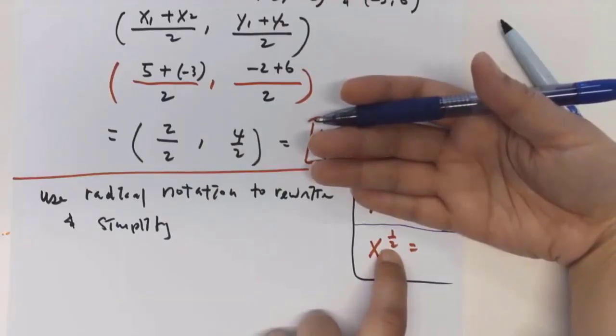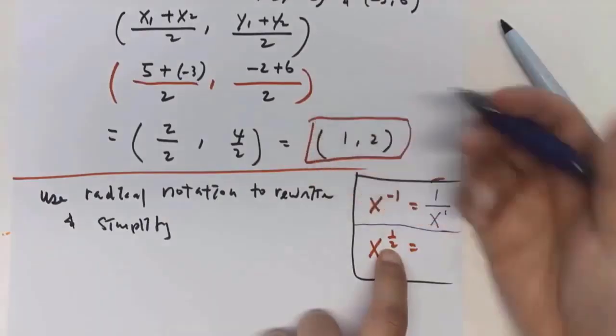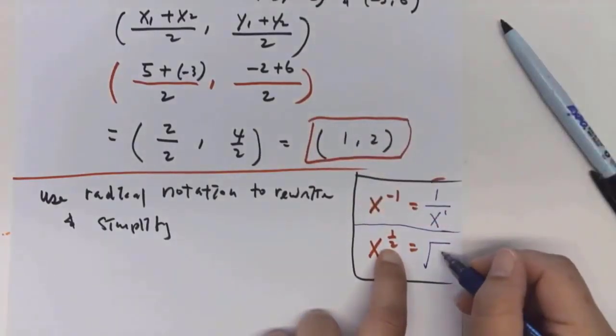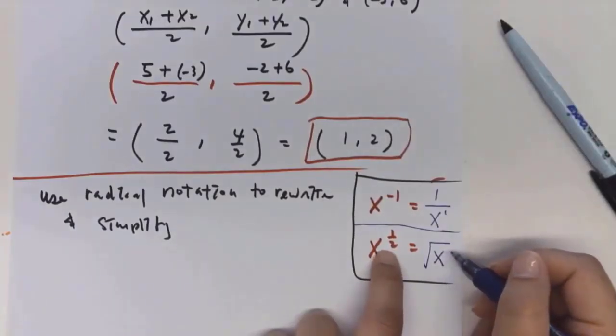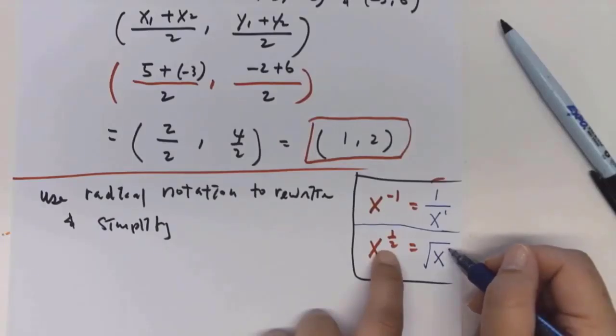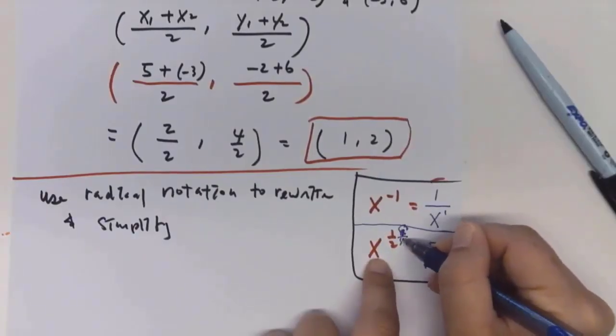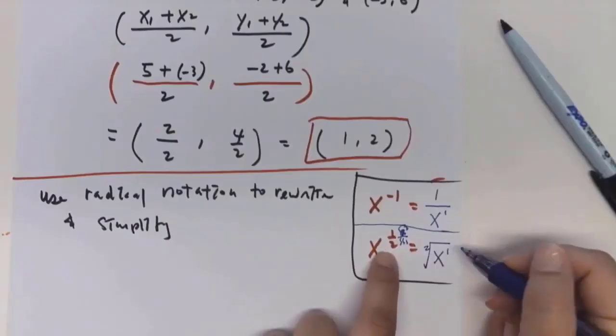Square root of 2. Where does the x go? Inside. Where does the 2 go? On the root number. So remember, this is your root number. This is the power.